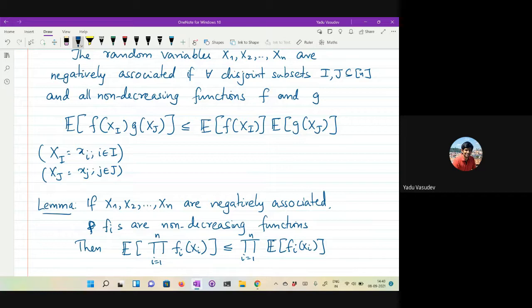It's a simple enough observation that just follows from the definition.